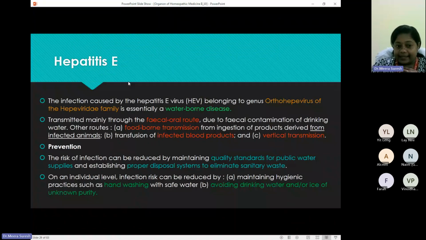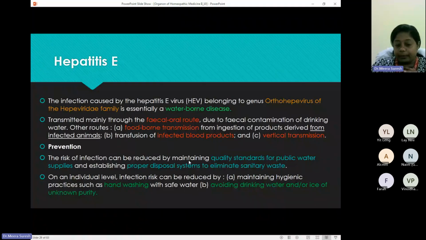Then we have hepatitis E, which is caused by the hepatitis E virus belonging to the orthohepevirus of the Hepeviridae family. And that is essentially a waterborne disease, mainly transmitted by the fecal-oral route. Other routes can be foodborne transmission, infected blood products, and also vertical transmission. So prevention: the symptoms will be almost similar to all the other jaundice that we have mentioned, the A variety.